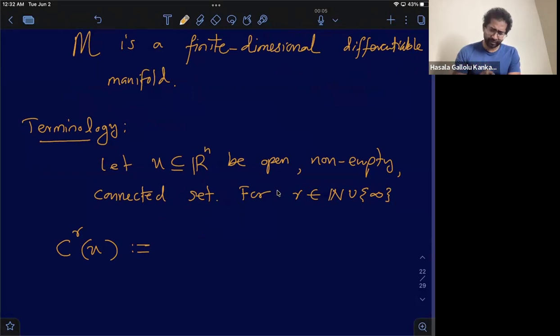So if you say C(U) here, with the context, let's say the image space is known from the context, you can say continuous functions on the set U. Here what we are saying is C^r, so there is an r in this story. What does that mean? A function from U to R.